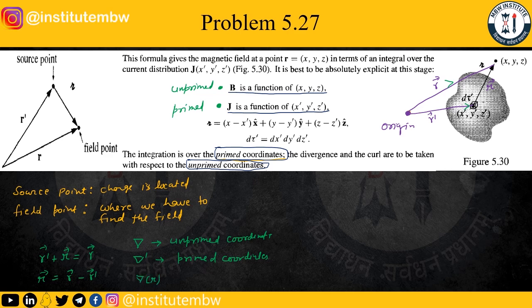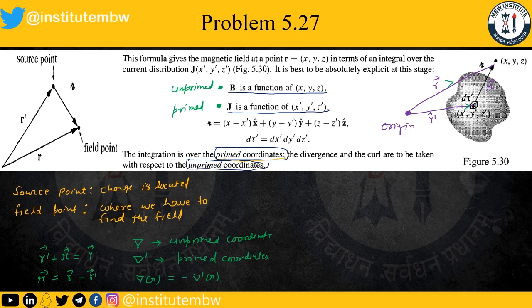If we want to switch from unprimed to primed, then it will be minus del prime of r. There is a technicality, just a differentiation concept. Please let me know in the comment section what this concept is, and why I switched from unprimed to primed at the cost of a minus sign.